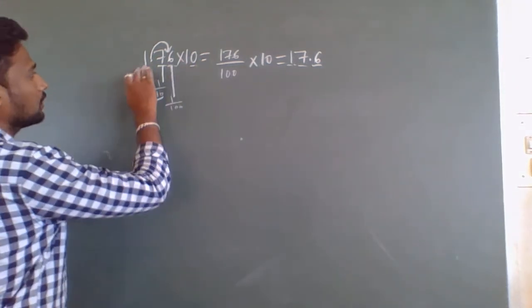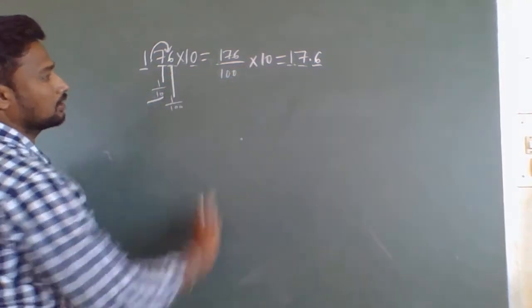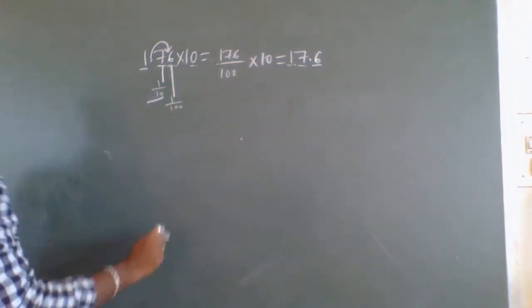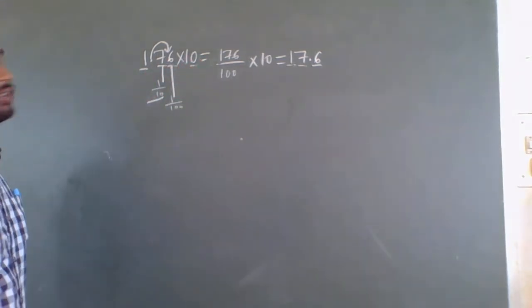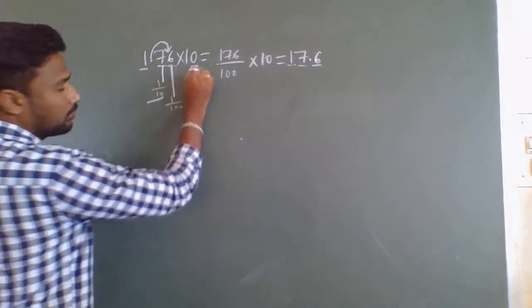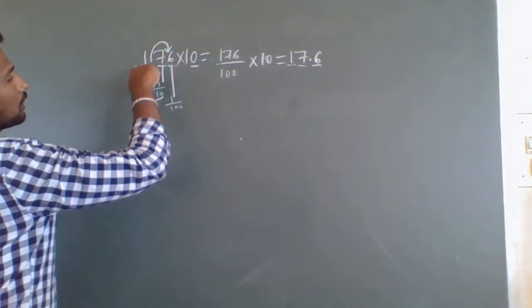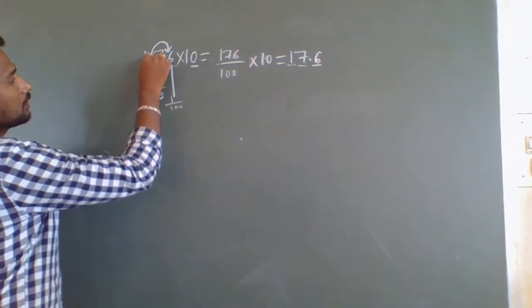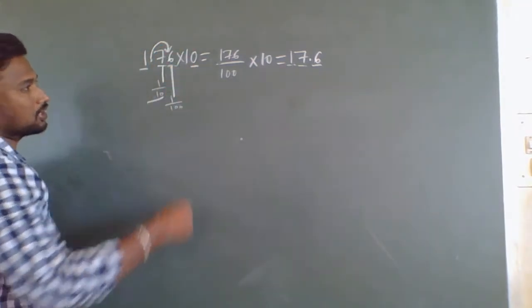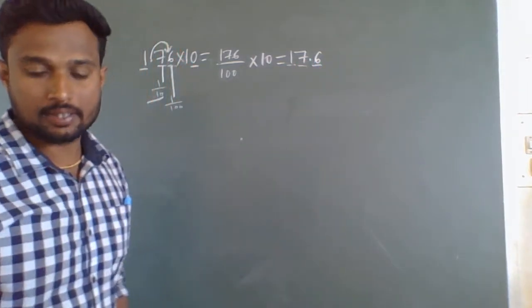So here you write 176 by 100 into the remaining 10. In the product 1.76 into 10, in 10 only one zero is there, which means we move the decimal point only one step towards the right side, so the decimal point comes after 7. So here we got 17.6.